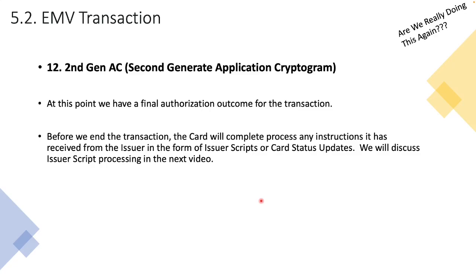So I think this brings us to the end of the 12th step. In the next video, we'll go into the 13th step, and we'll talk a little bit about issuer script processing and touch on card status updates.